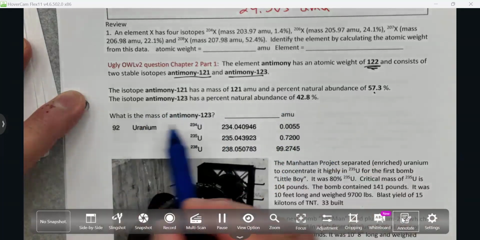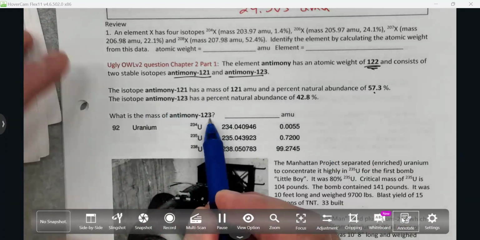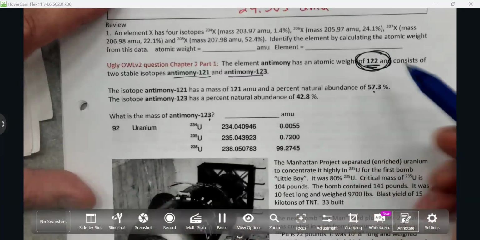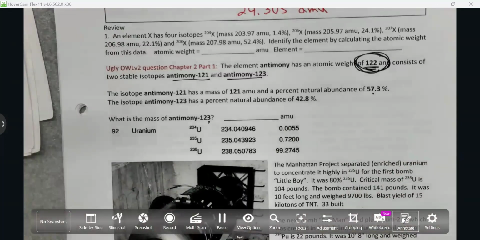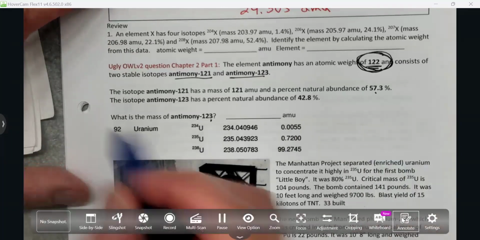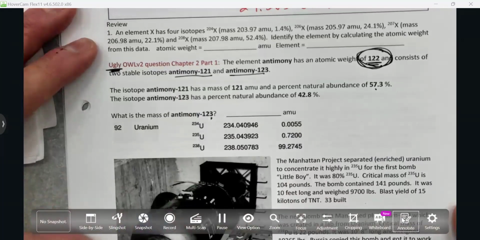What is the mass of antimony 123? So let's decipher this. This is the result that we would have on our periodic table, 122. Why they skipped all the decimals is beyond me. It's kind of infuriating, which is why when I see stuff I don't like, ugly owl comes on here.